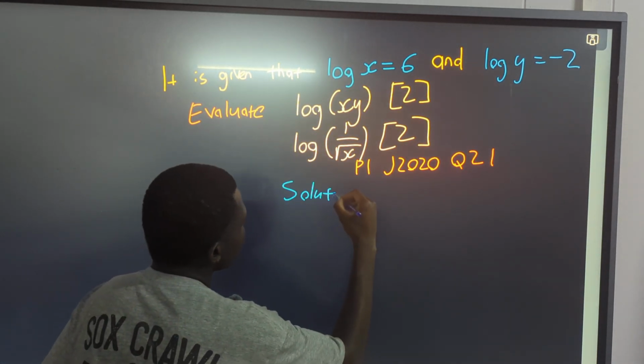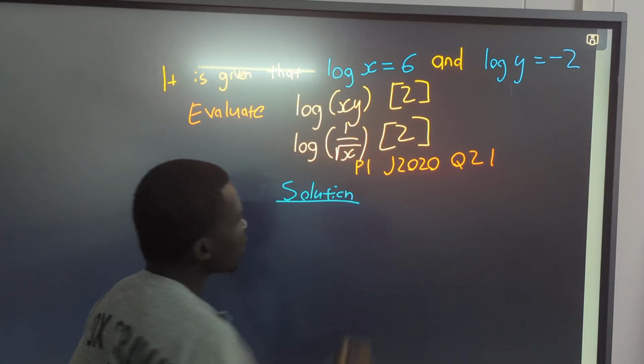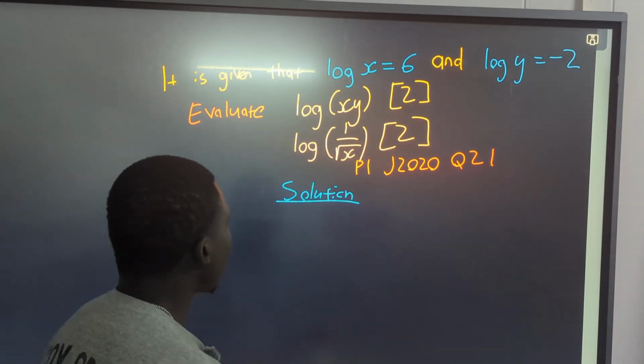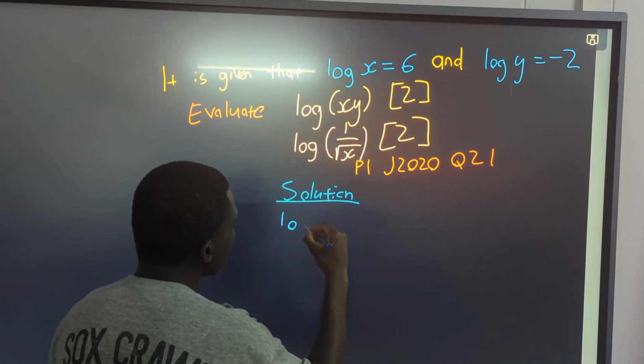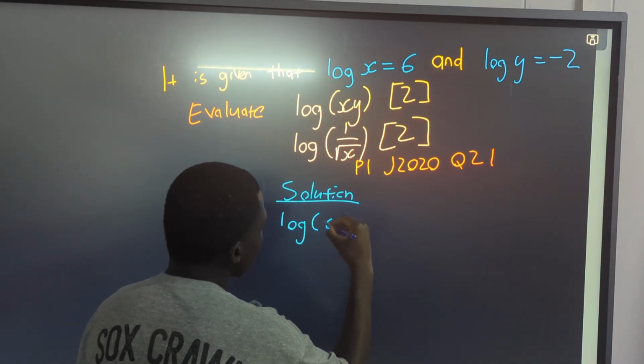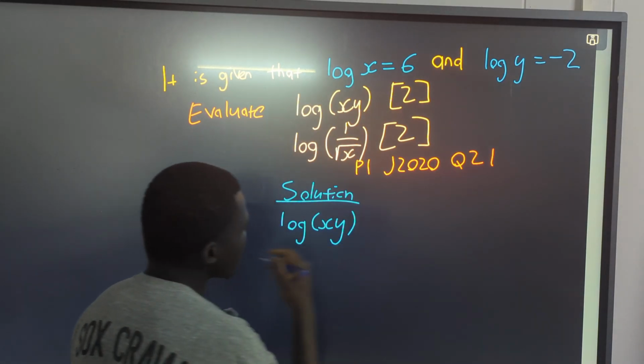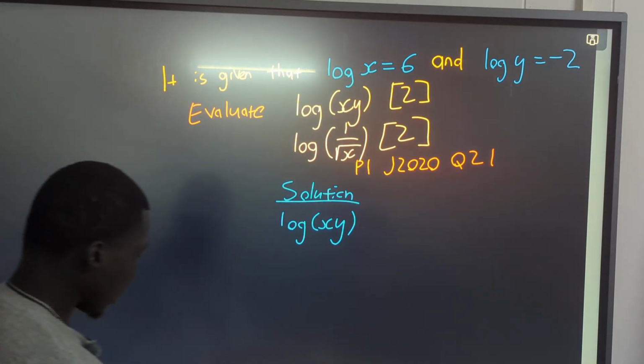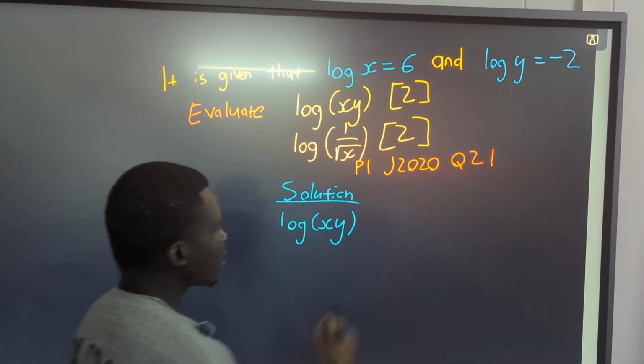Our solution is going to apply the laws we discussed in our previous section. We're given log xy, with our arguments multiplying, so we are going to use the product law.